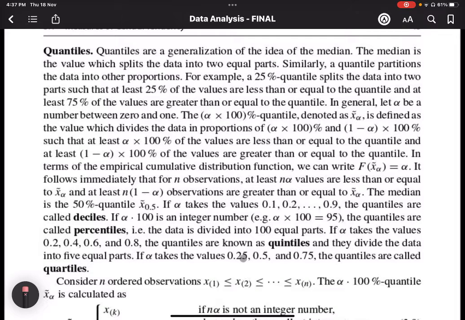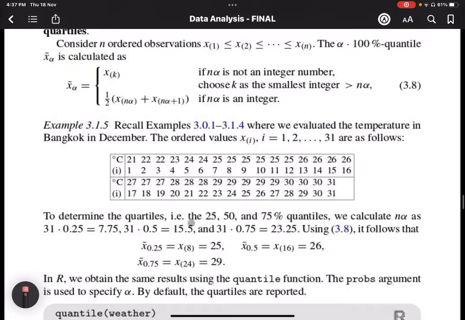If alpha takes the values 0.25, 0.50, and 0.75, the quantiles are called quartiles, no? So, dinivide niya yan ng quarterly. For example, we have the evaluation of the temperature in Bangkok again in December. Ito yung ating information: the temperature, the index number, yung sequence number nila.